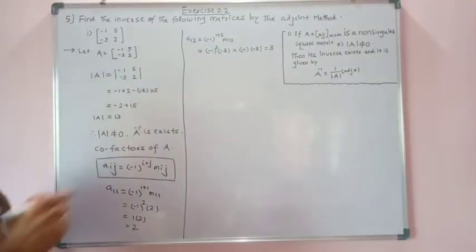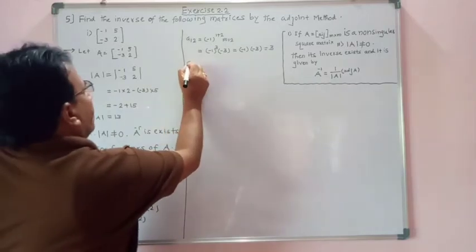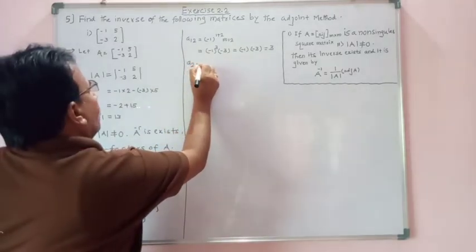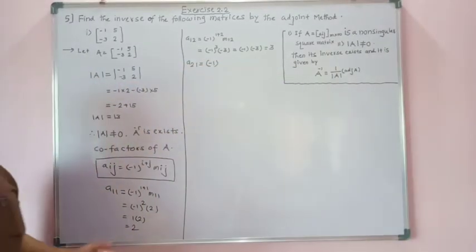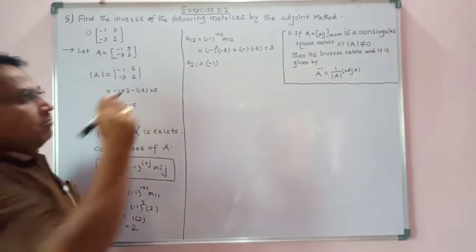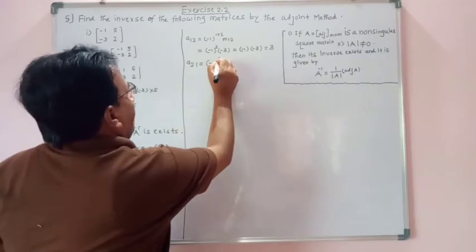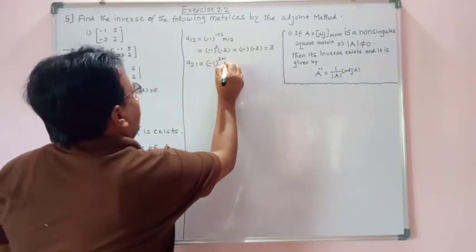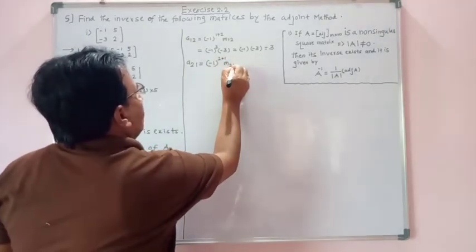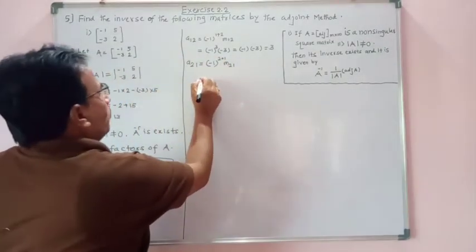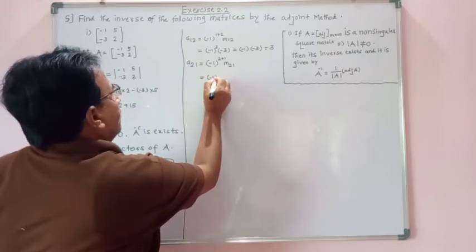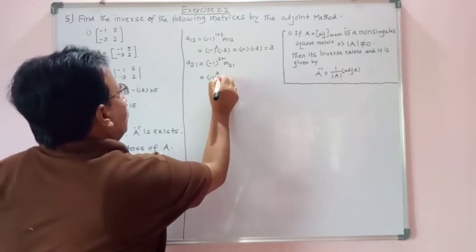A12 is 3. And next cofactor A21, second row, first column. We use the formula -1 raised to i plus j into Mij, that is 2 plus 1 into M21. Therefore -1 raised to 2 plus 1, 2 plus 1 is 3, into M21.